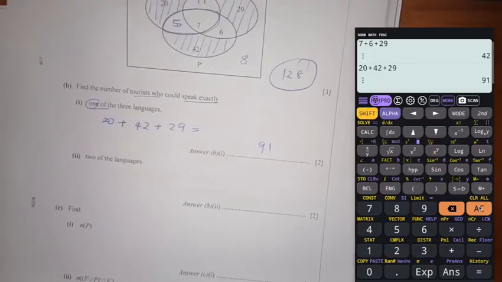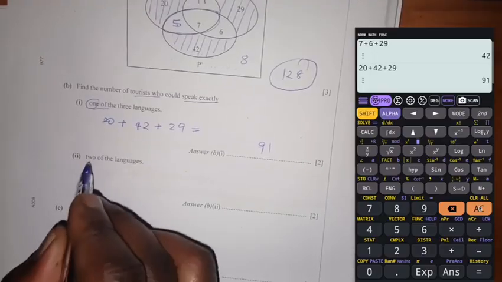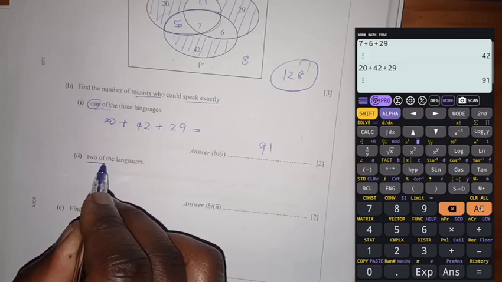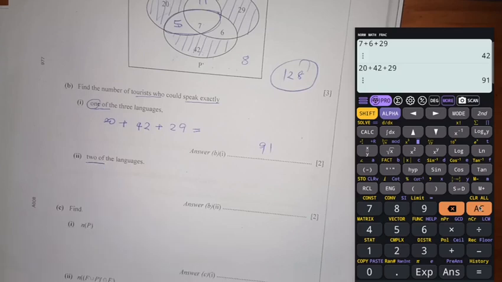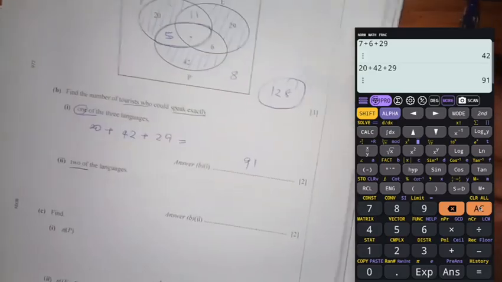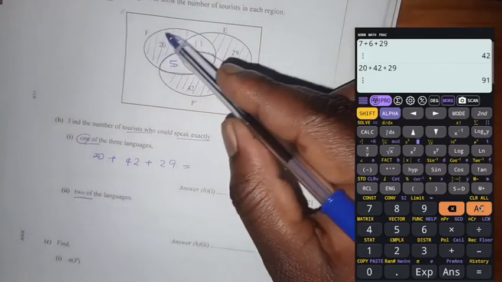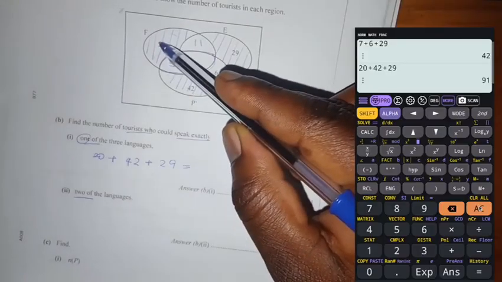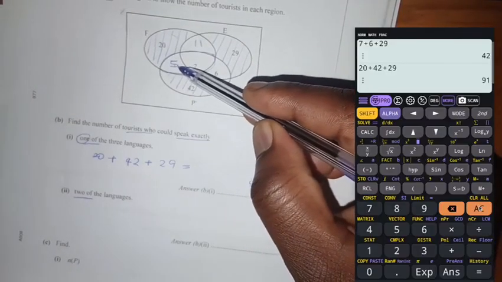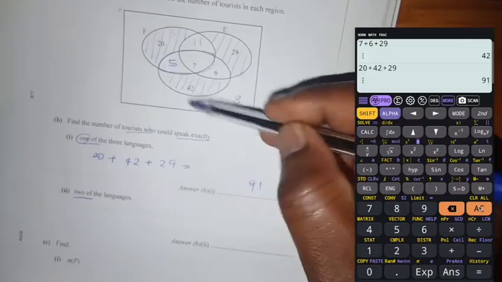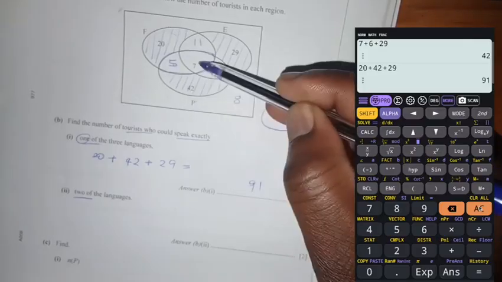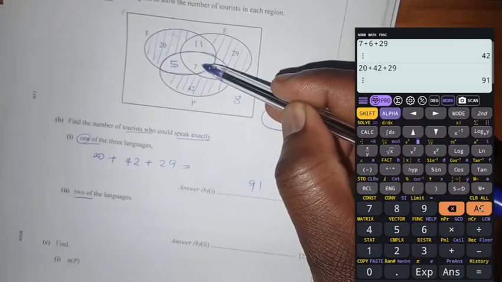2 of the languages. So now 2 circles must be overlapping. This part here, this circle is not overlapping. Then this part here, the 5, it's F and P. This part with 7, it's all 3 circles.